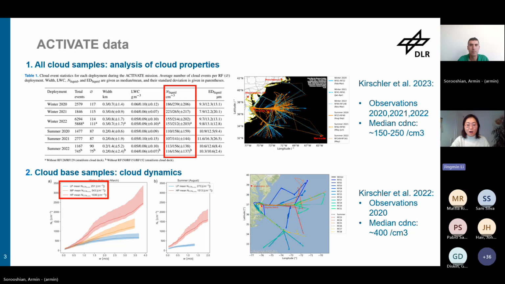This takes only the clouds at cloud base, which are associated with updraft velocity, and those samples show higher CDNC, the cloud droplet number concentration, than the mean over all clouds. Next, please.